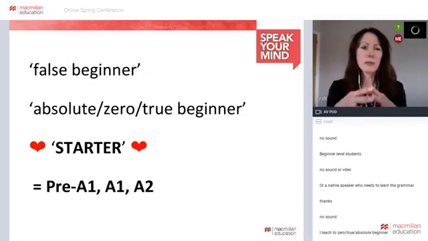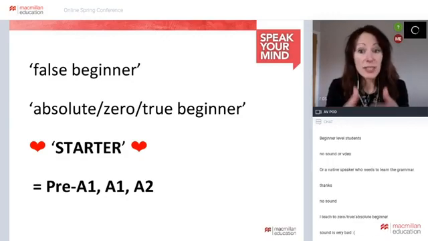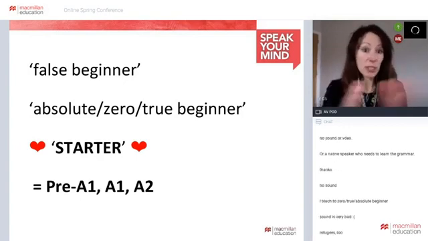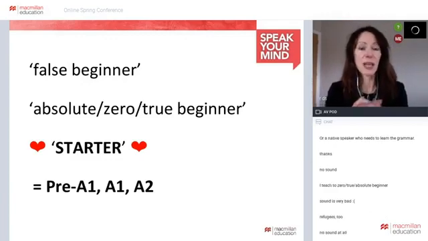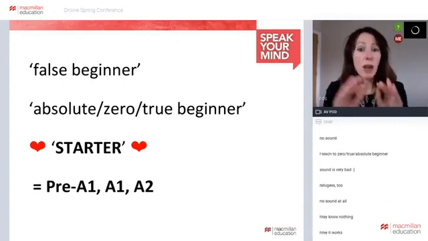So maybe they're from a developing country, maybe the context there is English for speakers of other languages, there may be a lack of literacy even. So for that type of beginner, no course books, no handouts, you're just going to be using speaking and listening skills in that class. Now, I've got starter here as another term, and this is the term that I absolutely love.